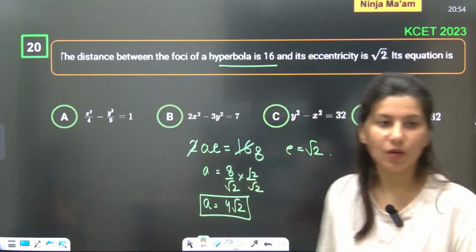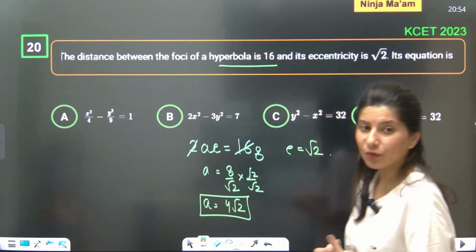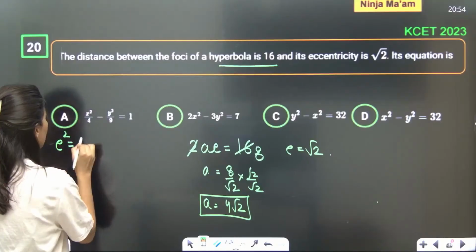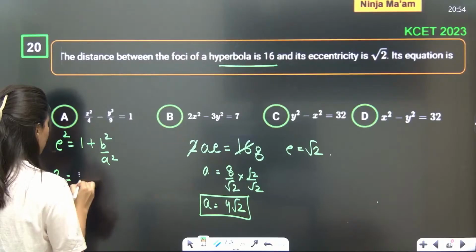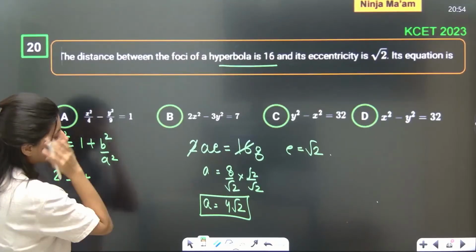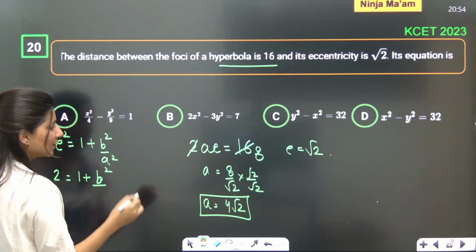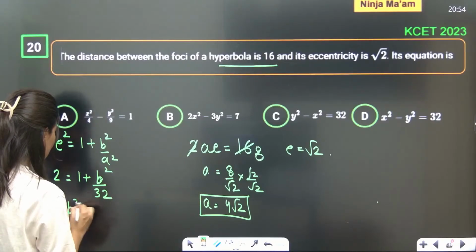Okay, the equation will be what? We need to get the value of B as well. The eccentricity formula is E square equals 1 plus B square by A square. Eccentricity is root 2, so 2 equals 1 plus B square by A square. A square is 4 4s are 16, 16 into 2 is 32. So B square is actually 32.